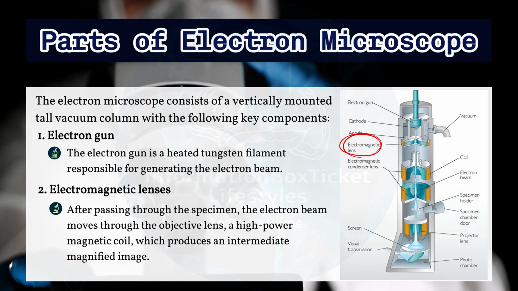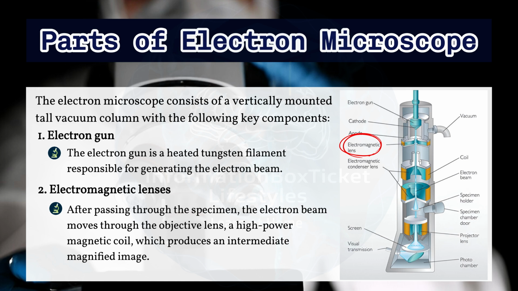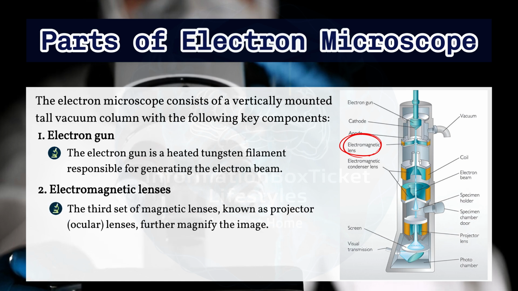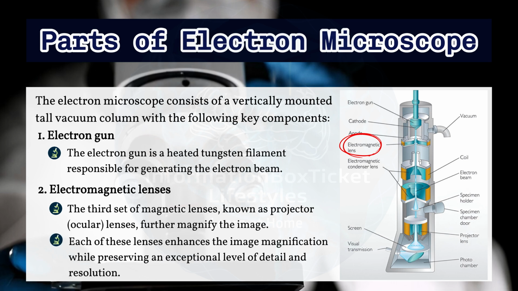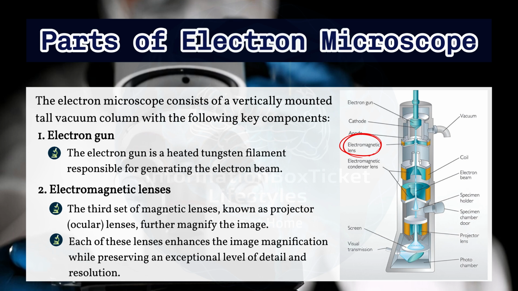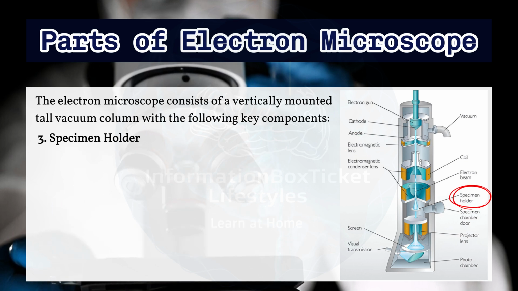After passing through the specimen, the electron beam moves through the objective lens, a high-power magnetic coil, which produces an intermediate magnified image. The third set of magnetic lenses, known as projector, ocular lenses, further magnify the image. Each of these lenses enhances the image magnification while preserving an exceptional level of detail and resolution. 3.